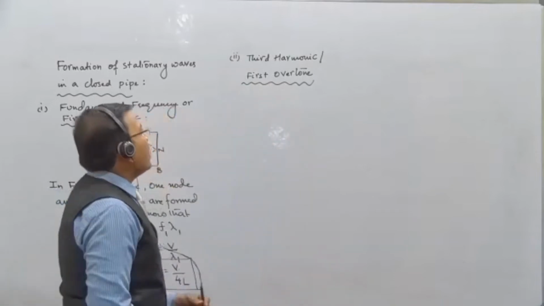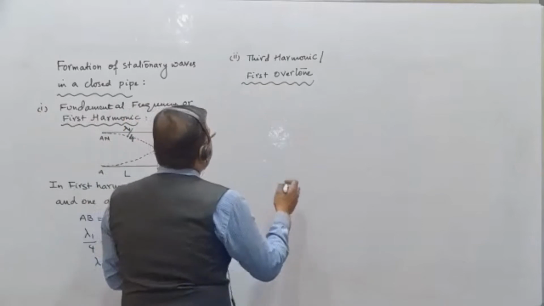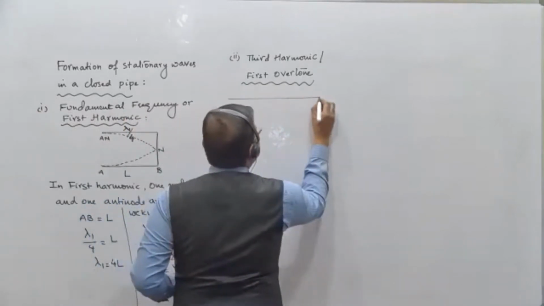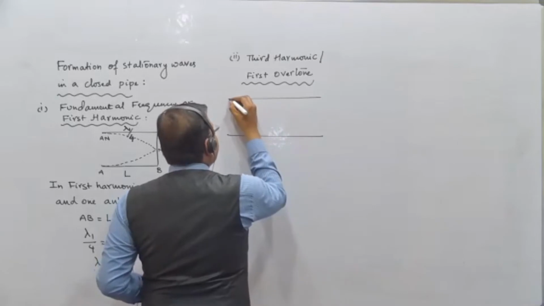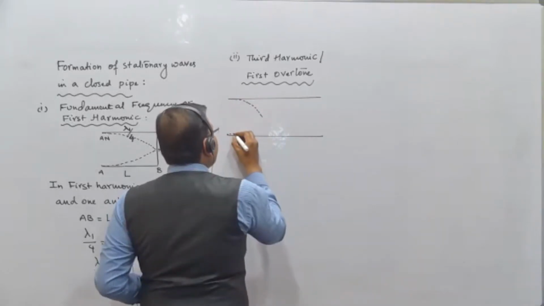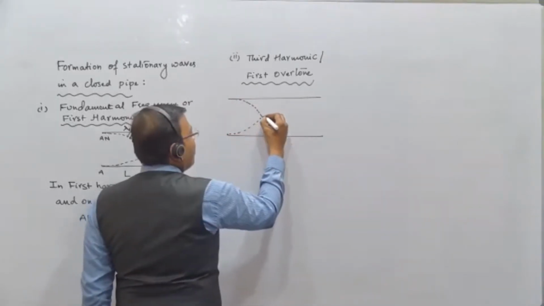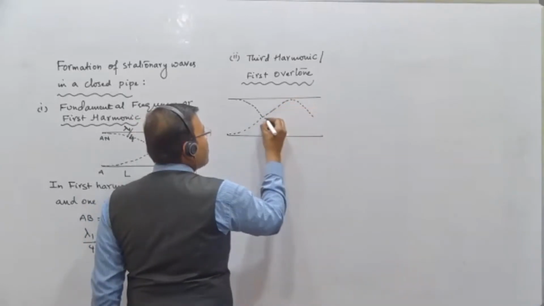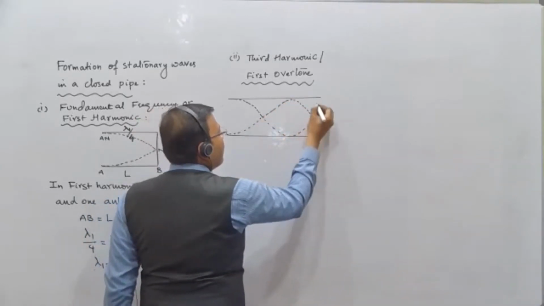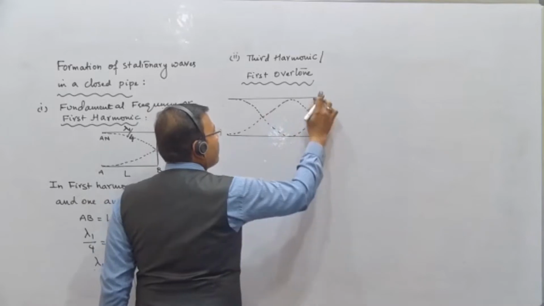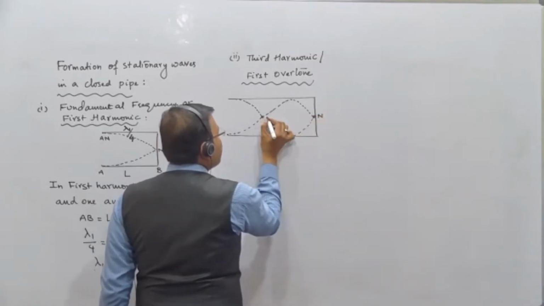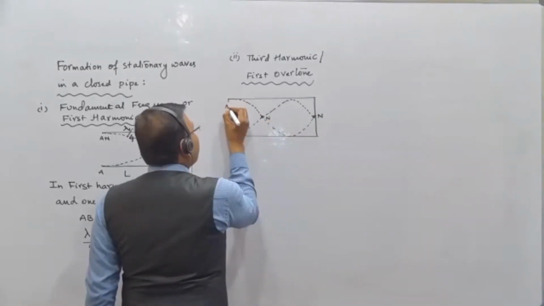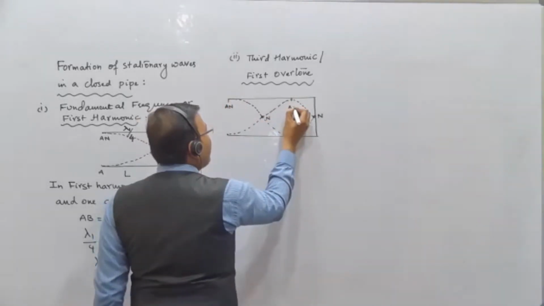Okay, now let us move on. The next situation we can have here is this. At the closed end, a node is always formed. So this is one node, this is another node, and this is an antinode, this is also an antinode.